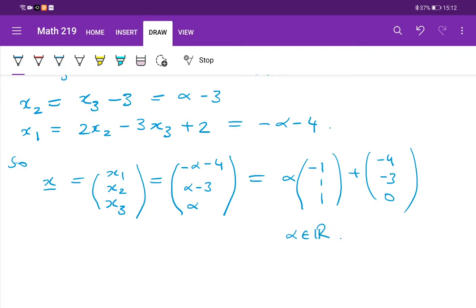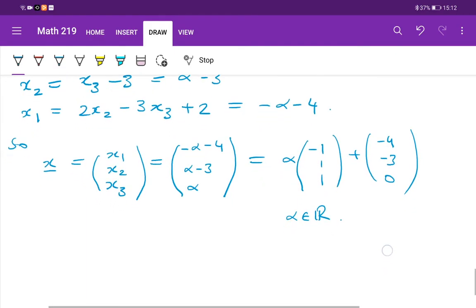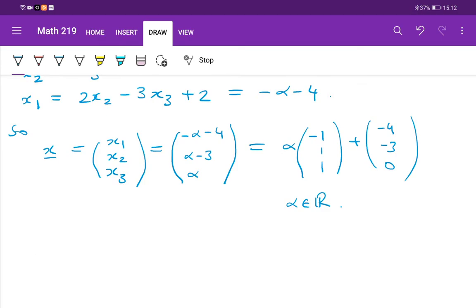By construction of the algorithm, this corresponds to the set of all solutions, which depend on the parameter alpha. In particular, there are infinitely many solutions.